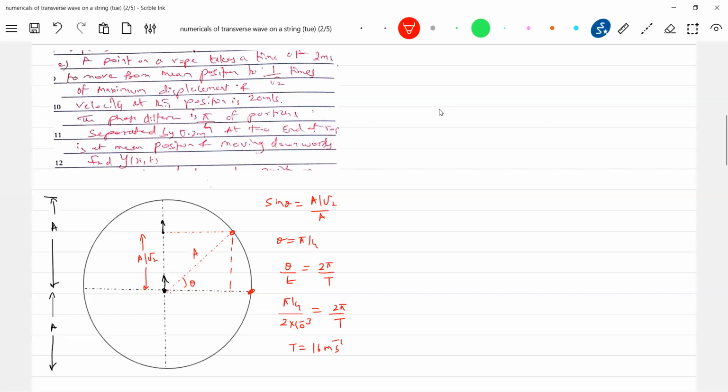Yeah, milliseconds. There's a time taken to complete one oscillation. Correct, no? Okay, let me check once. So this will be pi by 4, 8. This will be 16 milliseconds is what time taken.